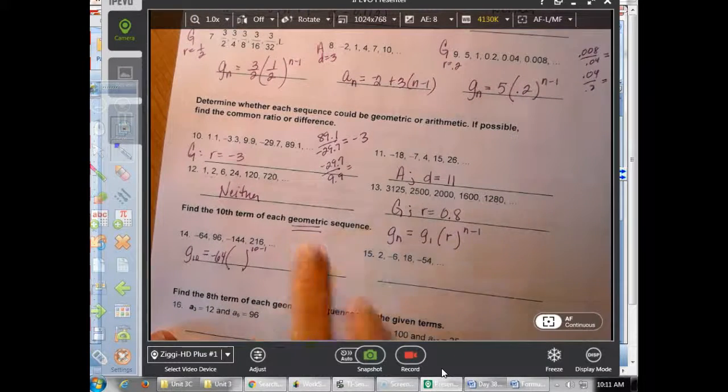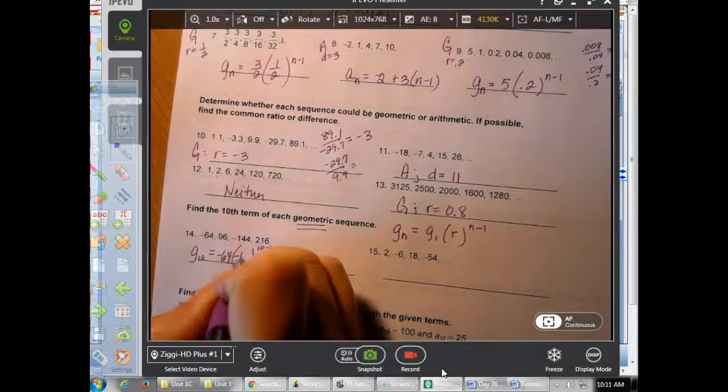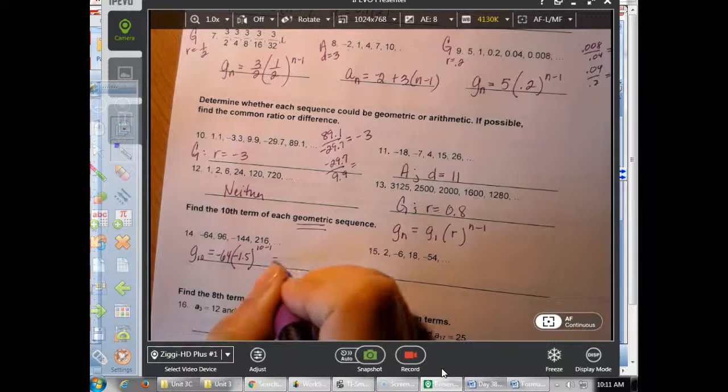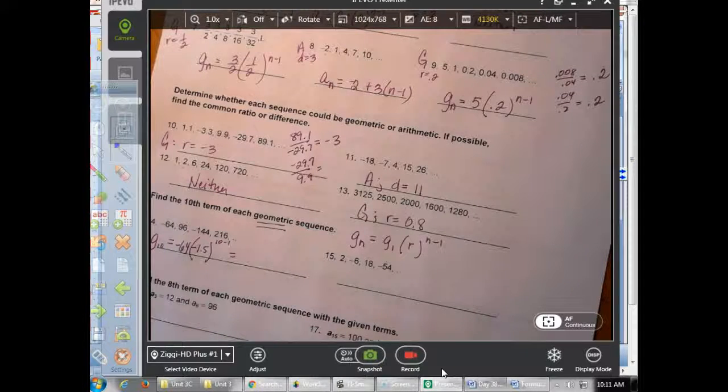So they already told us it's geometric, so all I have to do is 216 divided by negative 144, and that's going to give me an r of negative 1.5 or negative 3/2, however you want to look at it. So I'm literally just going to plug this in the calculator and see what I get. So that'll be raised to the 9th, and I get 2460.38.